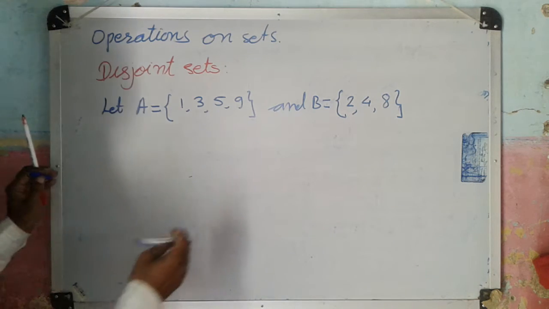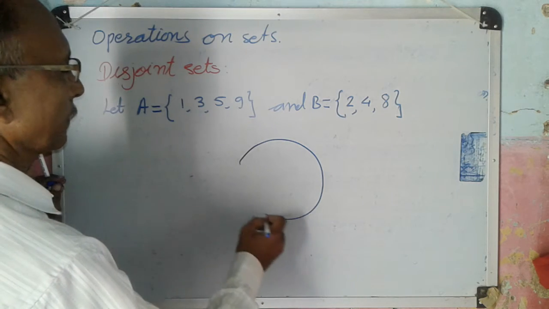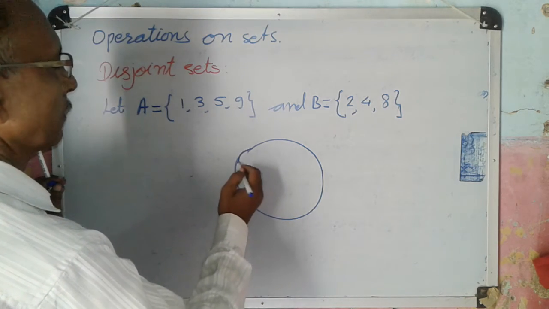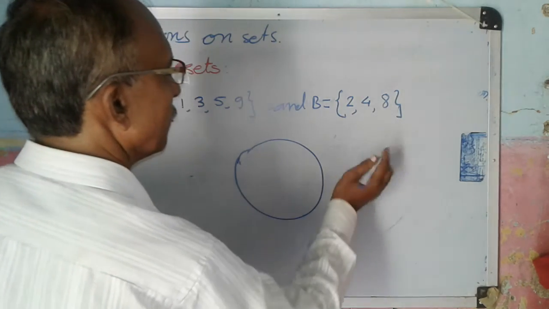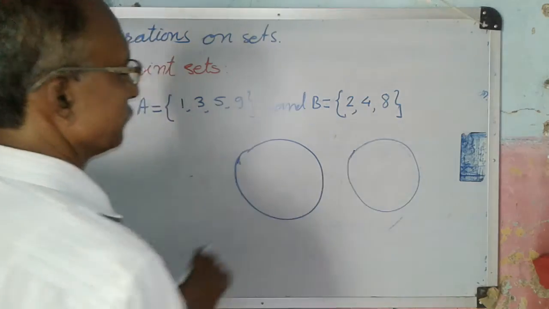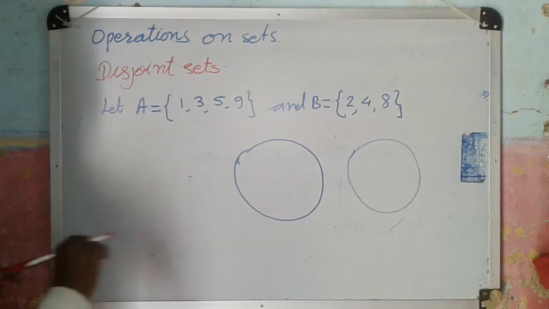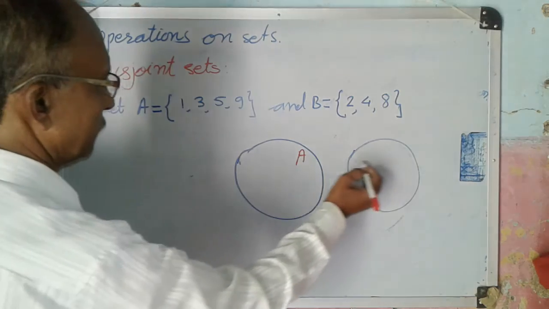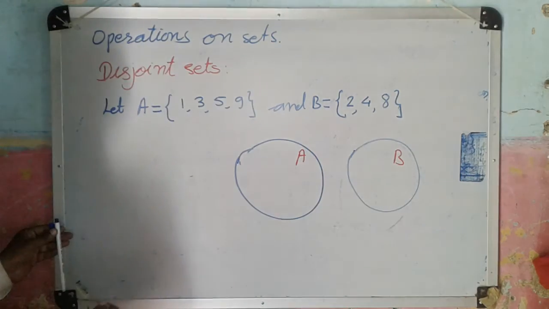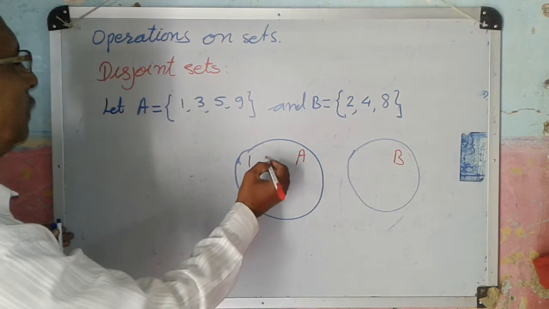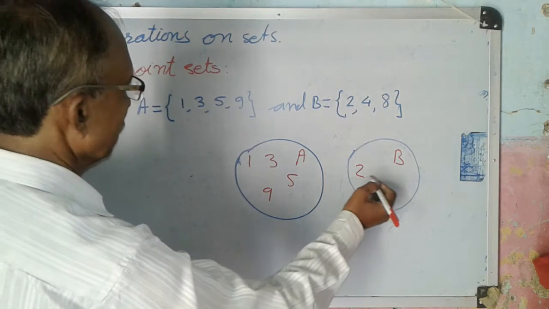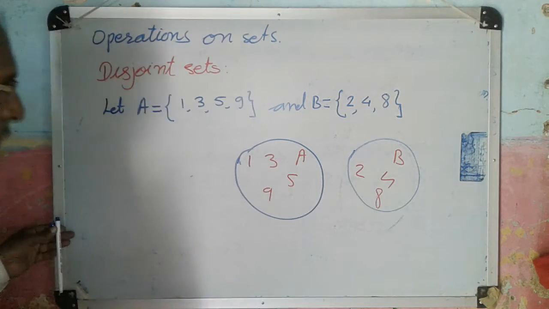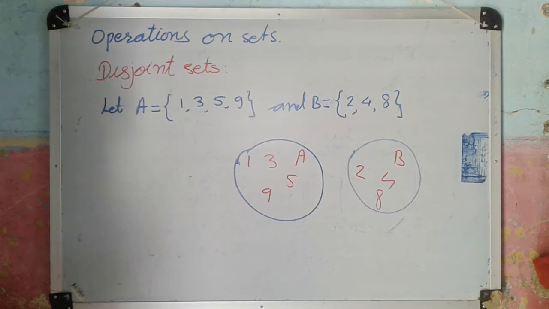Suppose this is set A, and this is set B. The elements of set A are 1, 3, 5, 9, and set B are 2, 4, 8. So, such sets are called disjoint sets.